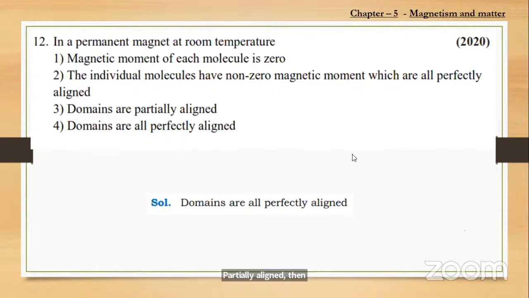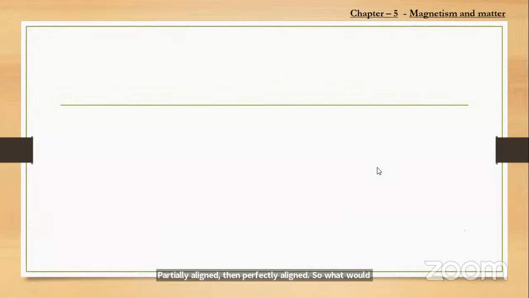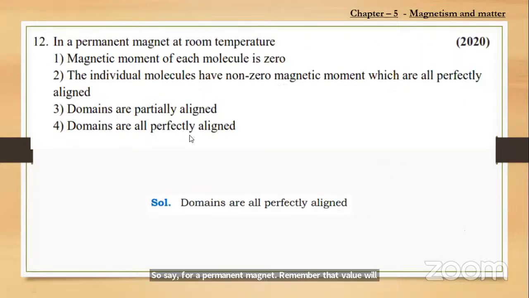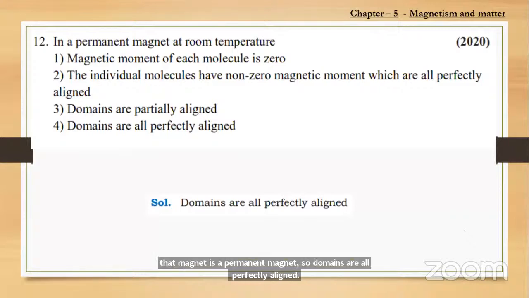So what could be the answer? For a permanent magnet, remember that the value will be permanently aligned. If it changes every time, it will not be called a permanent magnet. To say that a magnet is a permanent magnet, the domains are all perfectly aligned. The arrangement should be perfect.